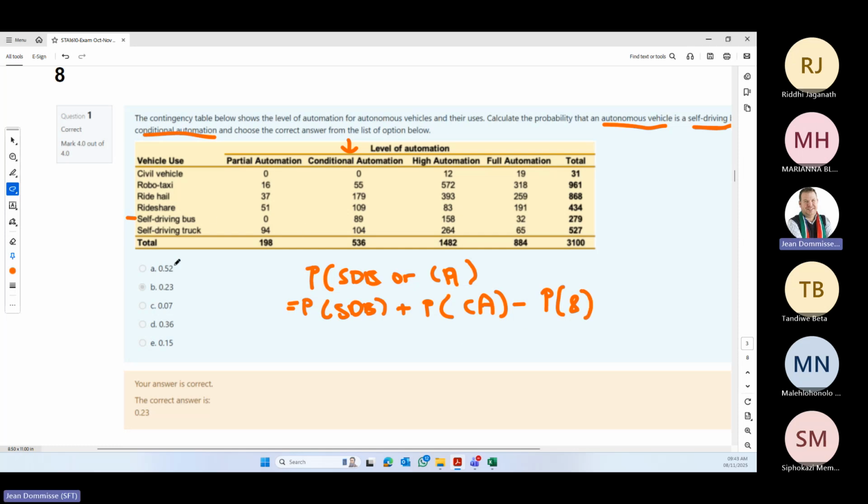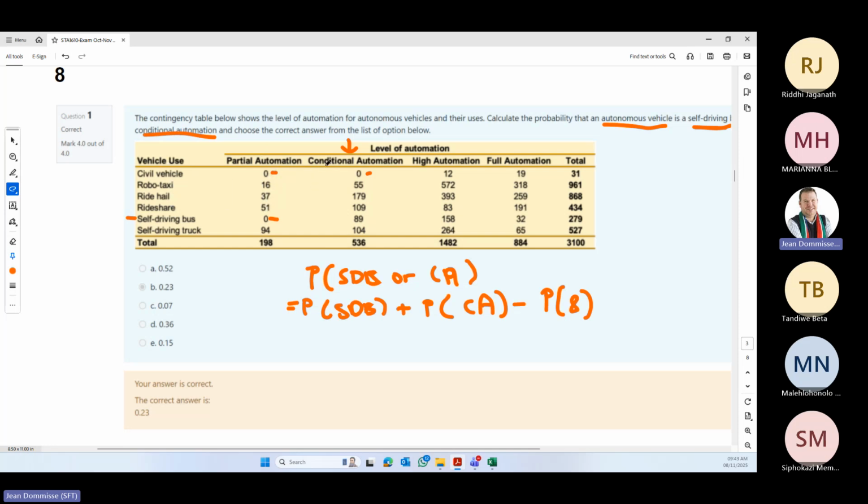Okay, just things to pick up here. Where you see a 0, that is a true reflection. It's not that there's a gap. So self-driving bus, partial automation, mutually exclusive because there's a 0. Civil vehicle, partial automation, mutually exclusive because there's a 0.